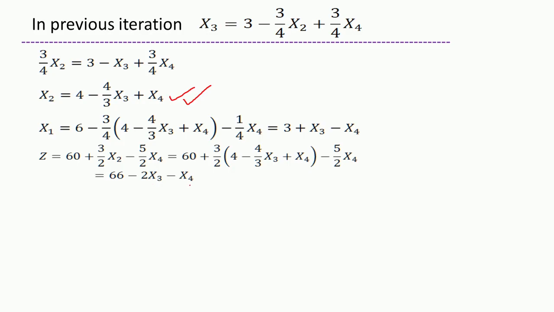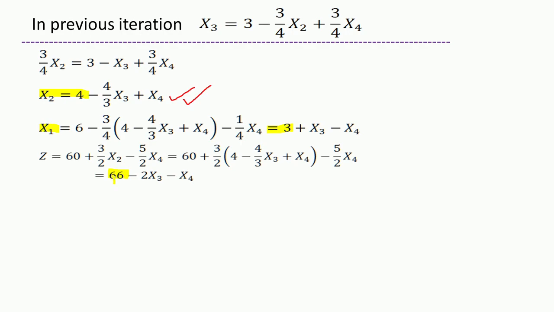So, we now have another solution, which is x2 equal to 4, x1 equal to 3 and objective function equal to 66. x3 and x4 are non-basic, they are at 0. Now, we wish to maximize z further and we realize that z can be increased beyond 66 only if we decrease x3 and x4, because both have negative coefficients.